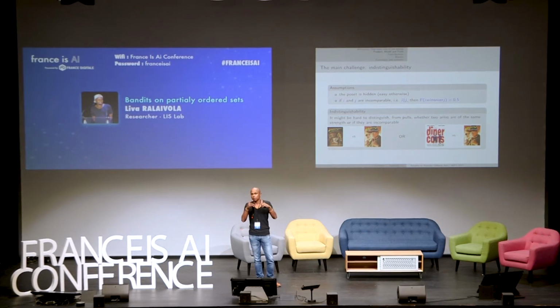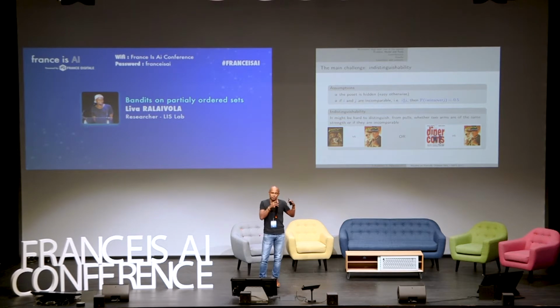The idea is just you're going to pull pairs of arms, and sometimes one of the arms is going to win, the other is going to win, and if the probability of winning is almost 0.5, you don't know whether it is because the two arms are comparable and have the same value, or whether they are not comparable.